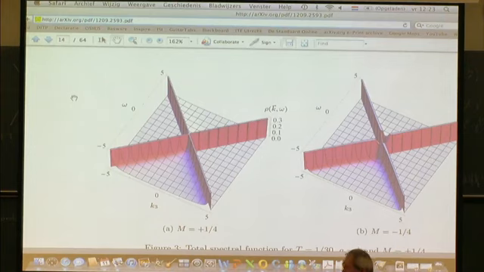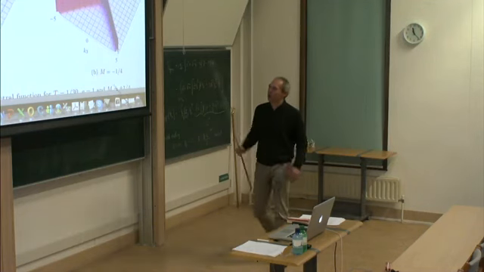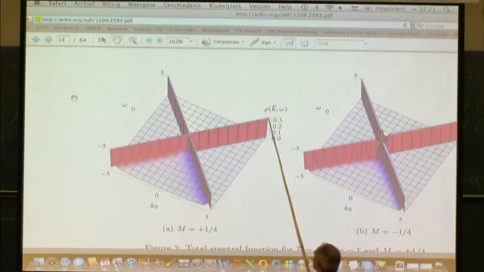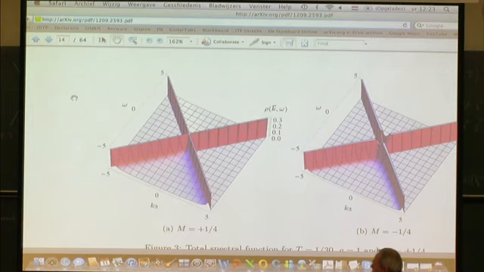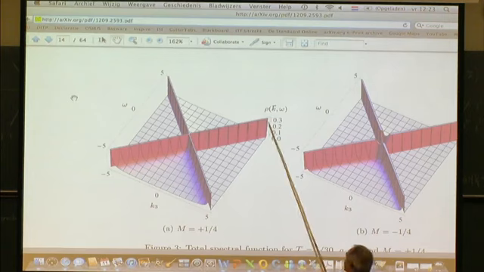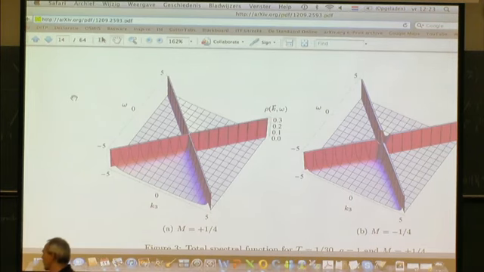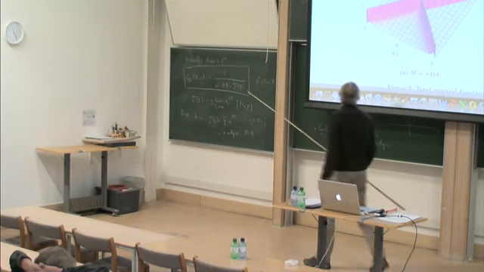So what you see here is that instead of getting sharp cones, so in the case of a free fermion, this would be the Weyl cone, which in the free case would have really poles at the locations where omega is equal to k, if you work that out component per component.